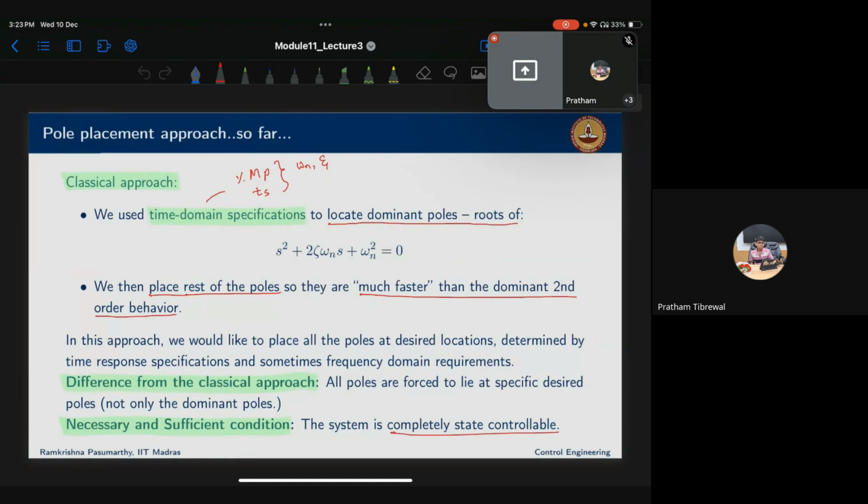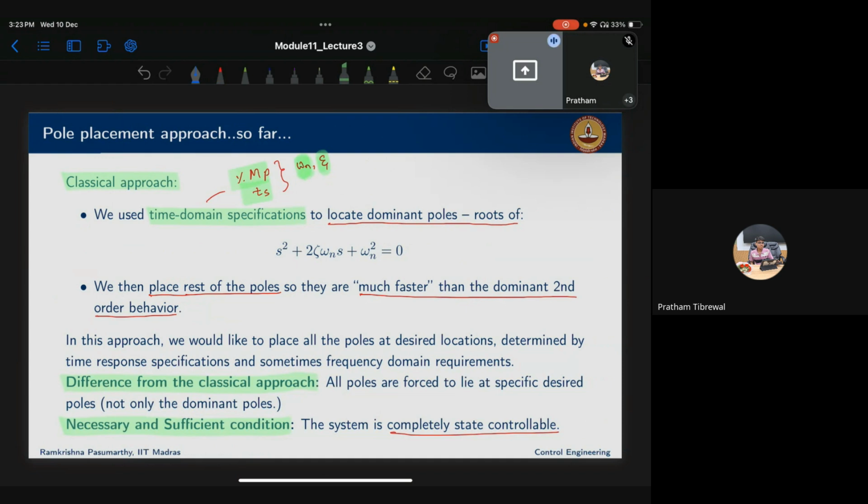If you see our previous compensator design and controller design, basically what we saw was a maximum overshoot given to us and a settling time given to us. Using that peak overshoot and settling time, we find omega n and zeta.